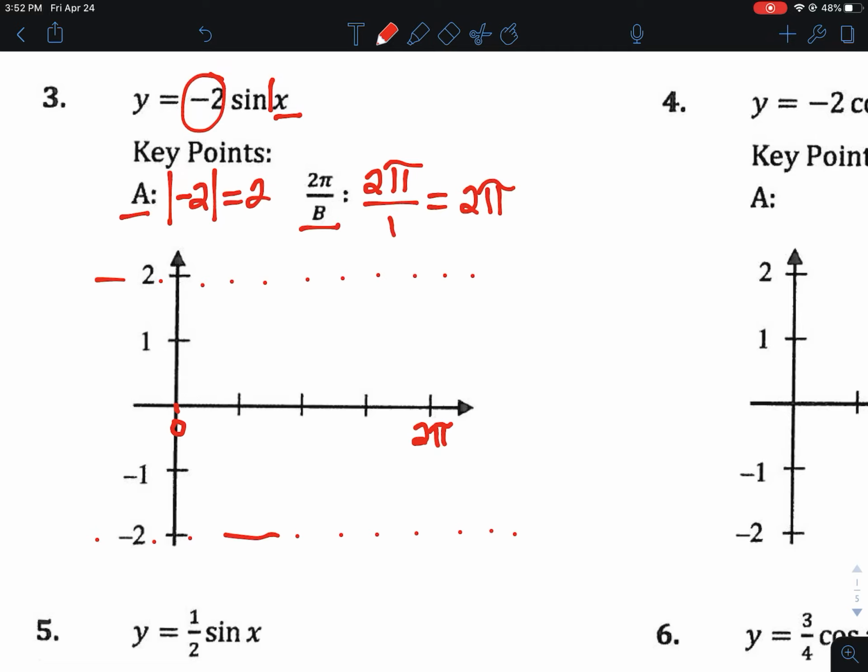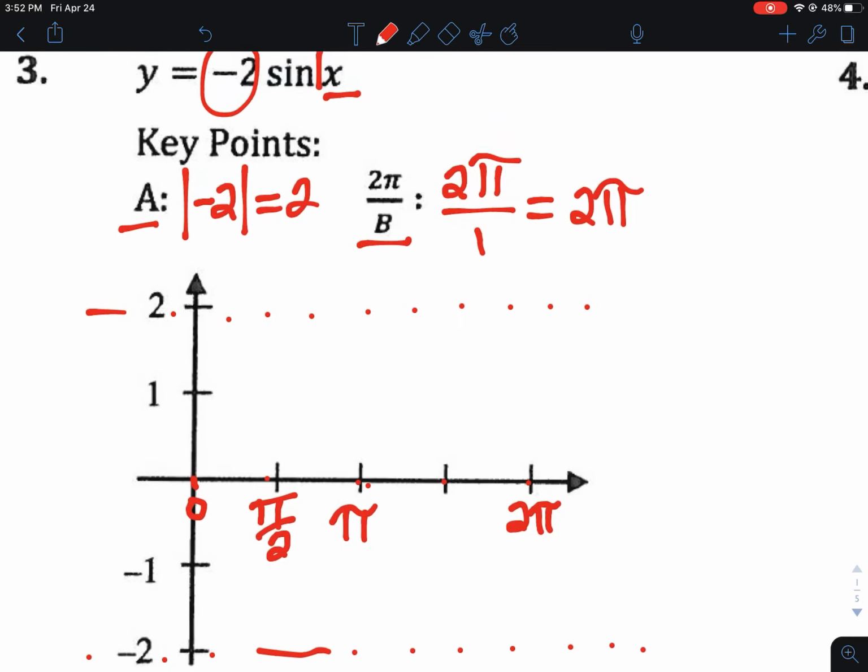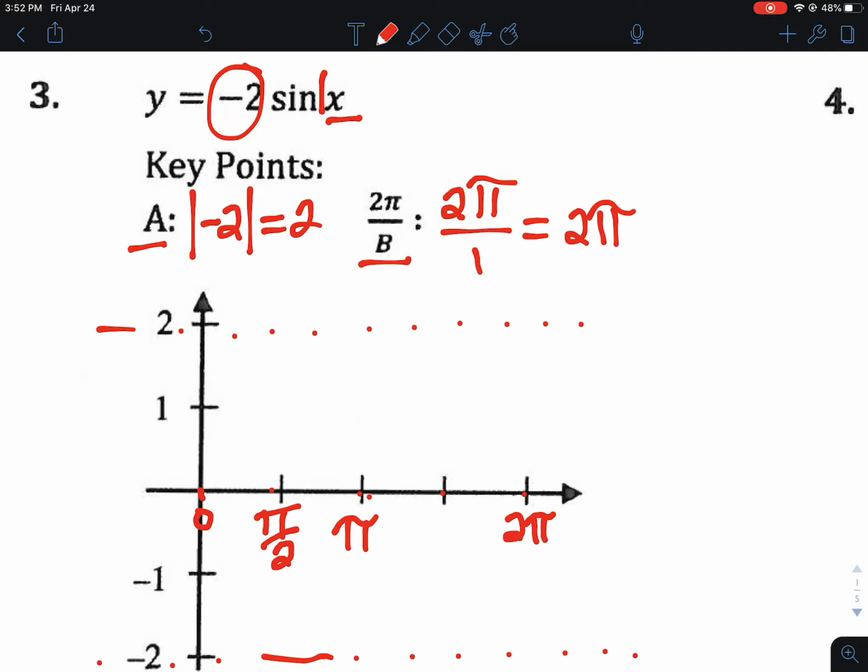So 2 pi, if I cut that in half, so I have four boxes here, you can see. If I cut it in half, that's 1 pi. If I cut 1 pi in half, that's pi over 2, or half pi. And if I cut that in half, the distance between pi and 2 pi in half, I get 3 pi over 2. Right?